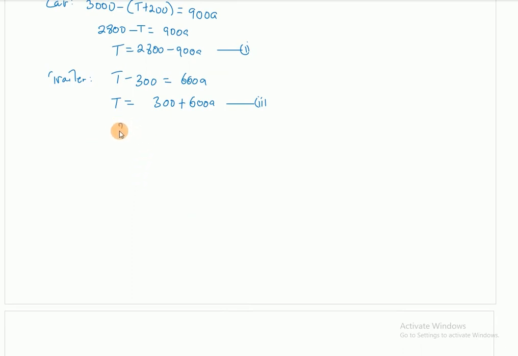We have 2800 minus 900A is equal to 300 plus 600A.